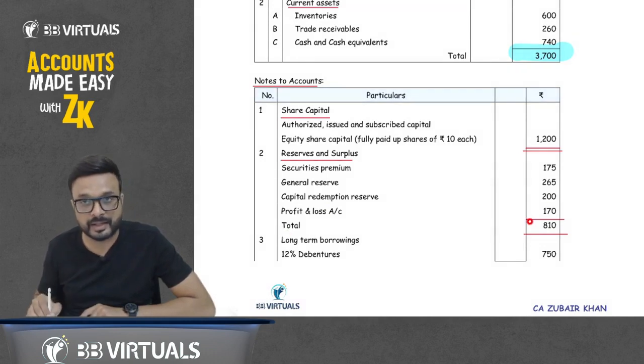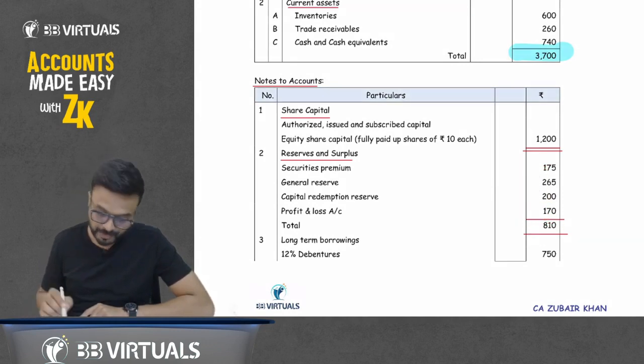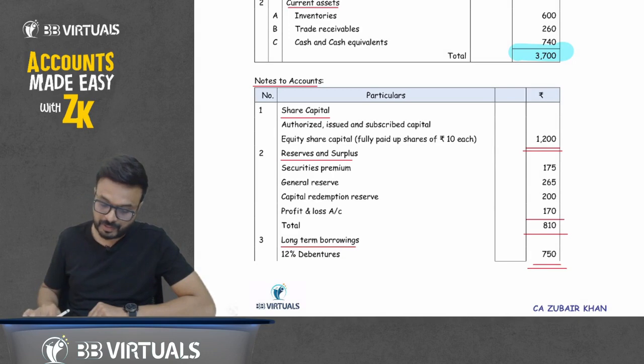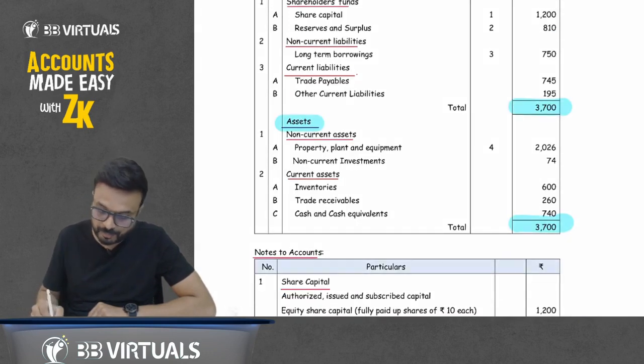So the total is 810. The detail of this 810 is given, these reserves coming under reserve and surplus. Now note number 3 is related to long-term borrowing. In long-term borrowings, they have 12% debenture of rupees 750.